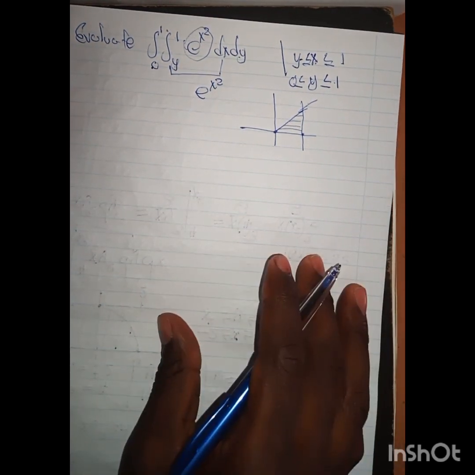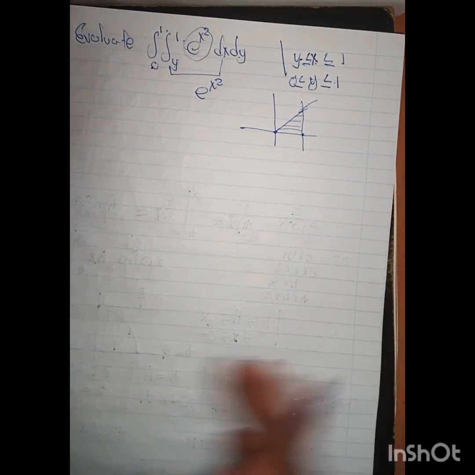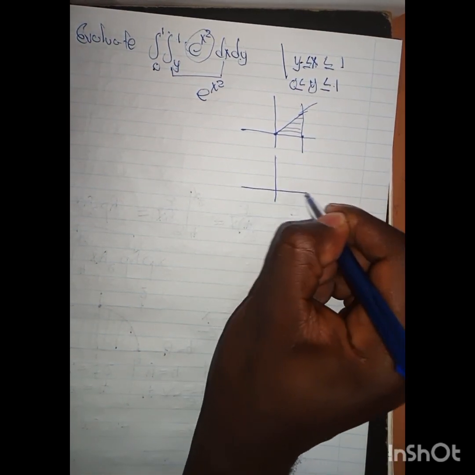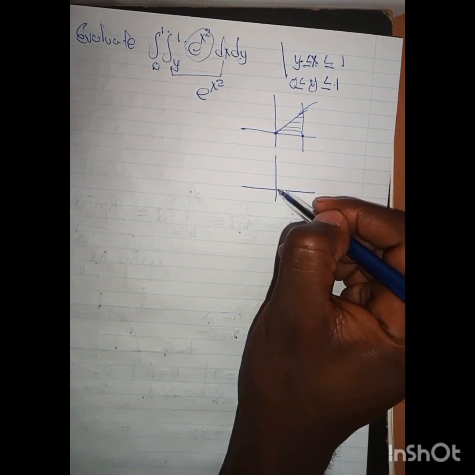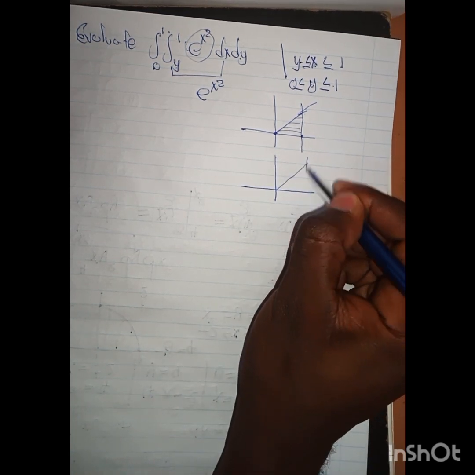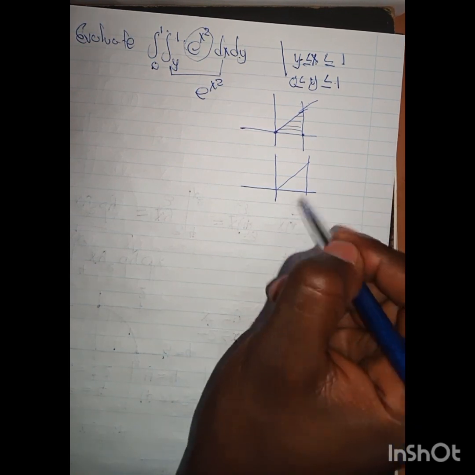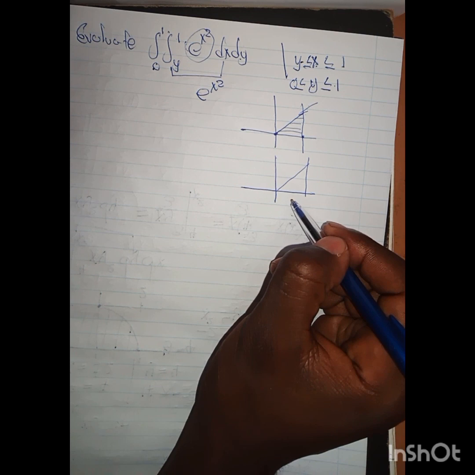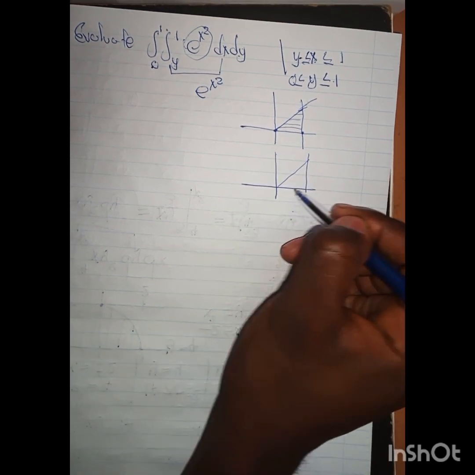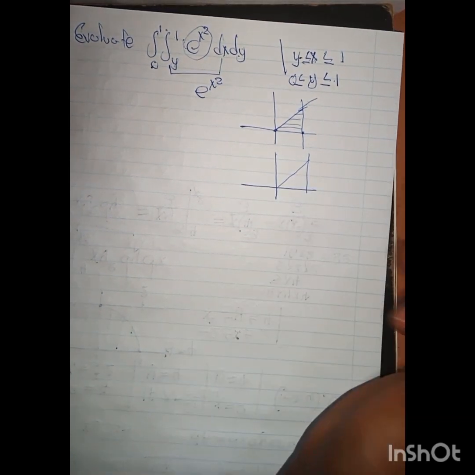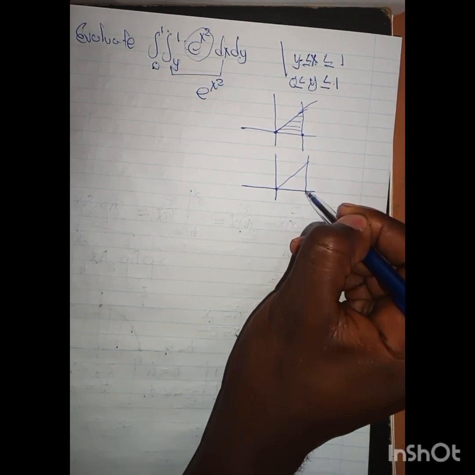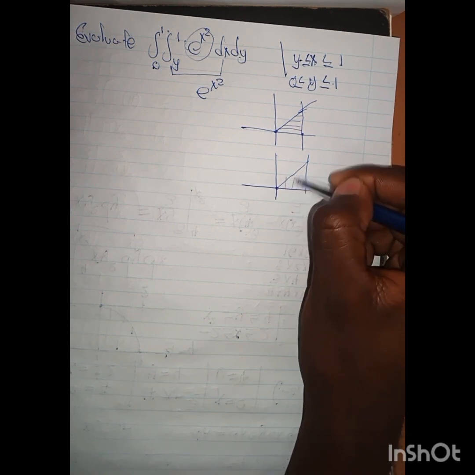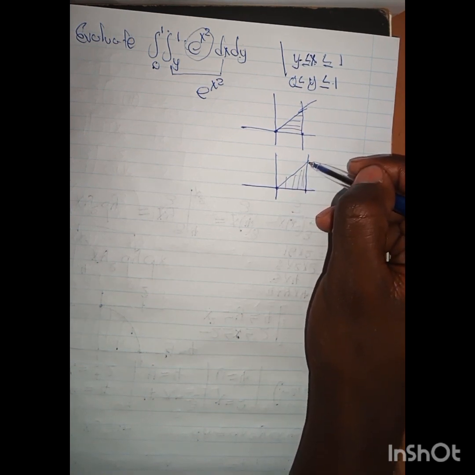So what I want us to do right now is reverse the limits of integration. By reversing the limits of integration, this is what we'll have. The same diagram. Now I want us to use the x-axis to identify the limits of x. So I want x to run from this point to this point, and then from this point to y going up, I want to use the limits of y.